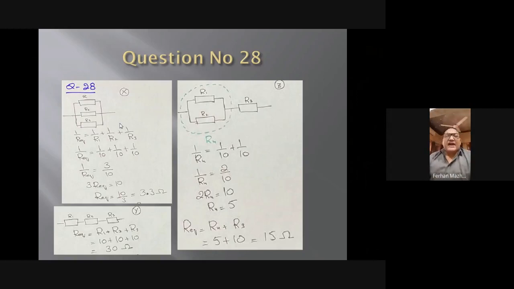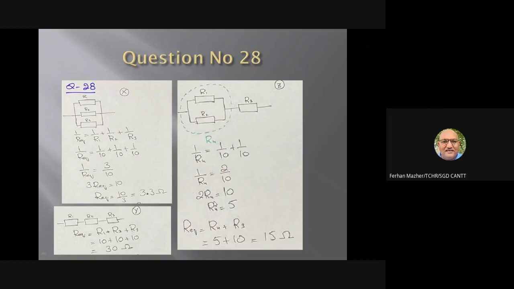For network Y, the resistors are connected in series with each other, and their R equivalent is found by the formula R1 plus R2 plus R3. Just put the values, you get 30 ohm. So the equivalent resistance for network Y is 30 ohm. Network Z is a little bit complicated because here R1 and R2 are connected in parallel to each other. First I will find their equivalent resistance and call it R4. 1 by R4 is equal to 1 by 10 plus 1 by 10, that is 2 by 10.